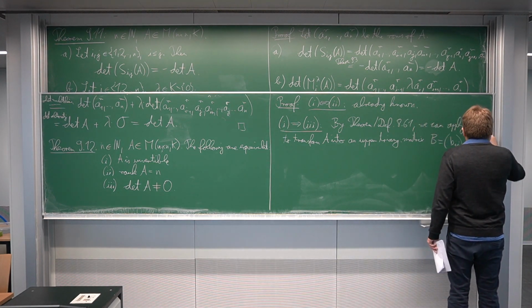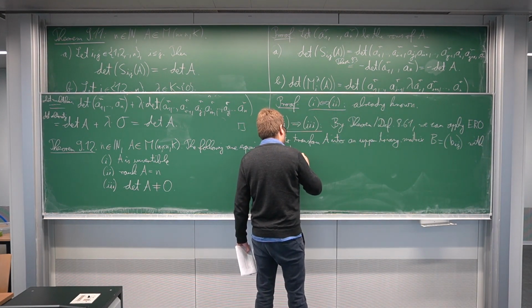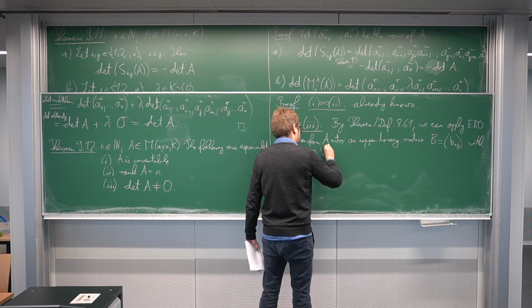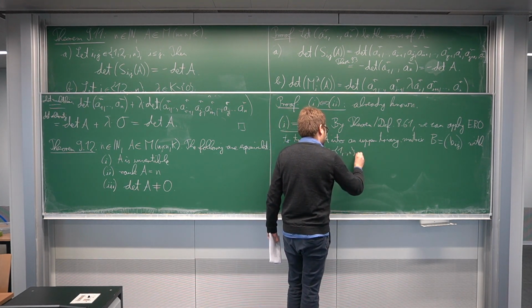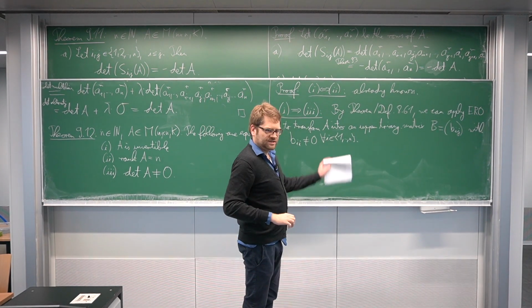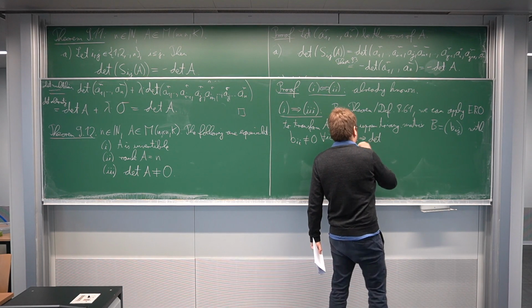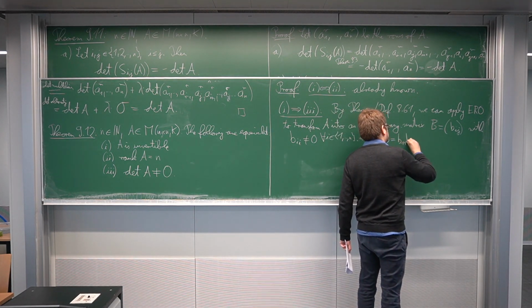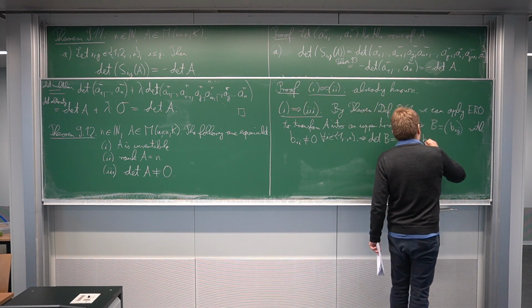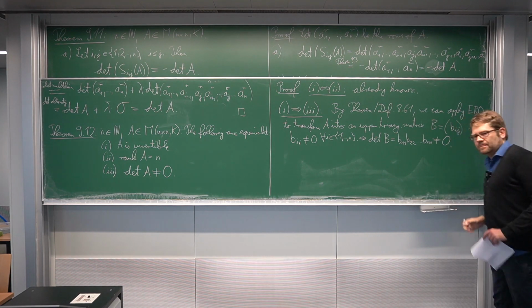And not only is it upper triangular, but we've already seen that it was part of the theorem that the entries on the diagonal are non-zero. So since this is upper triangular, the determinant, this was the remark we had before, of this is just the product of the diagonal entries. And since all of these numbers are non-zero, this is non-zero as well.